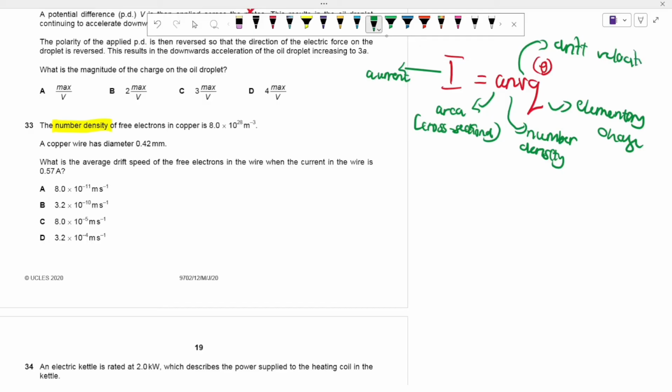Electrons are so cool. They don't just move, they drift. So the average drift speed or velocity will be represented by v.